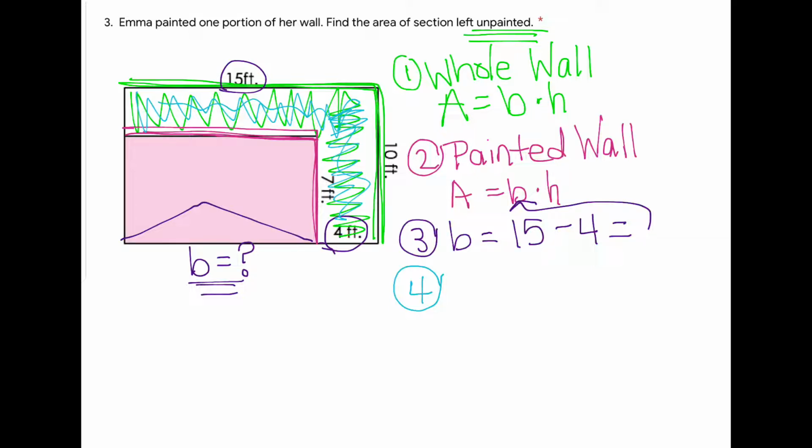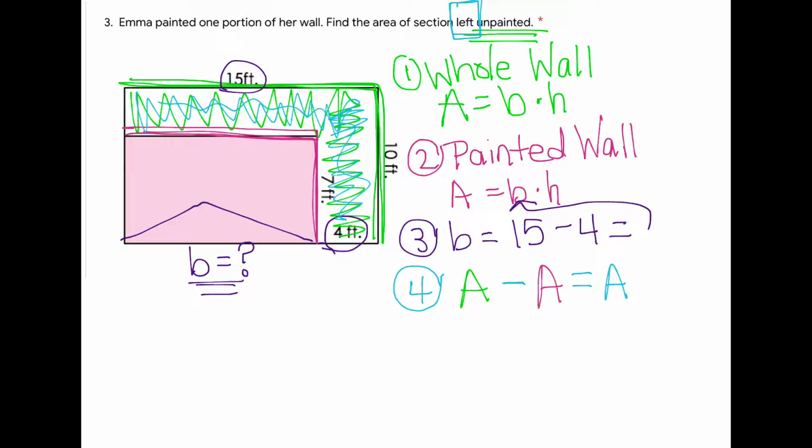So we need to take the area of our whole entire wall, and subtract the area of our painted wall, and that's going to give us the area of our unpainted wall, because our keyword to tell us to subtract is left.